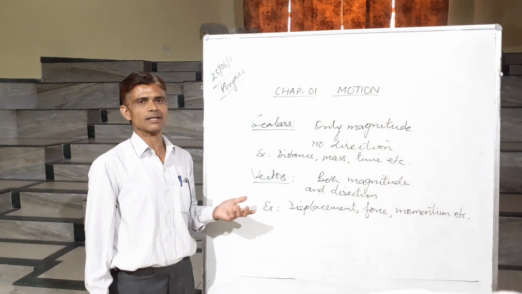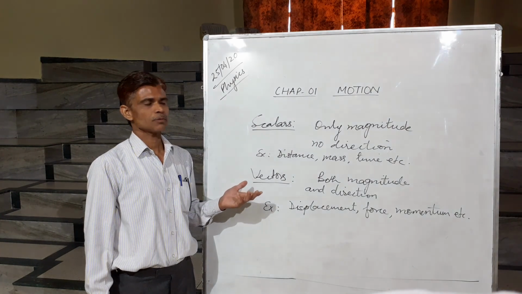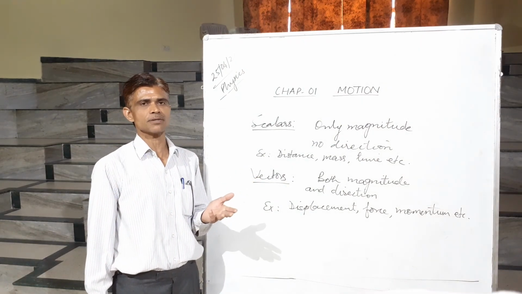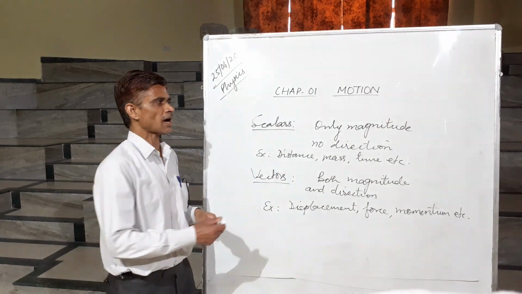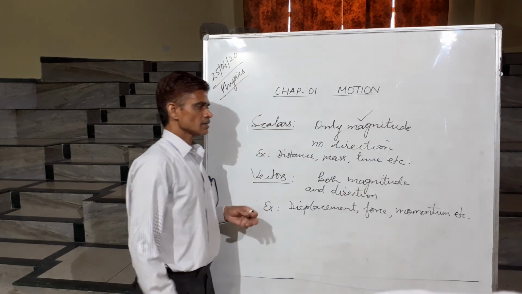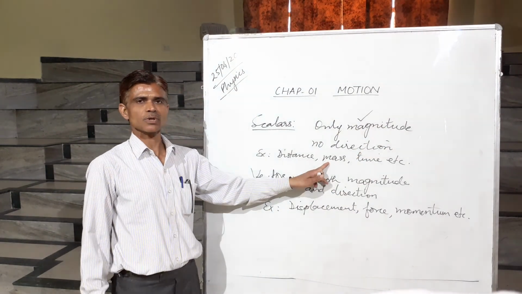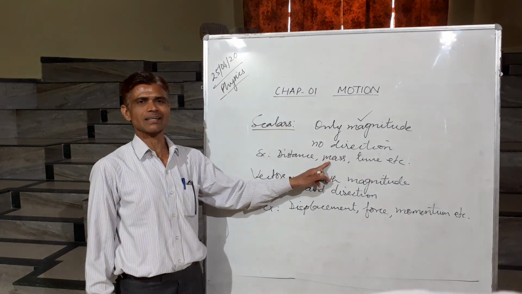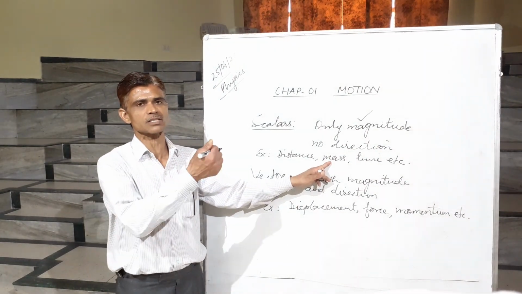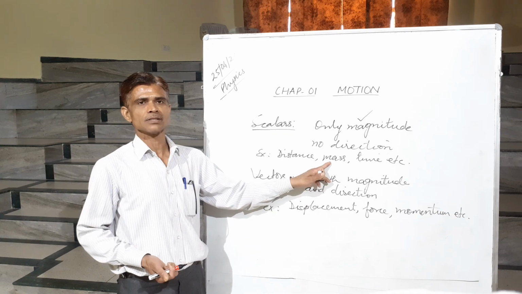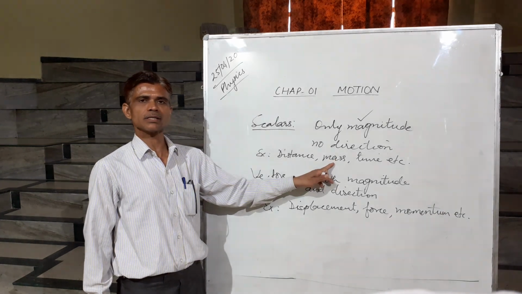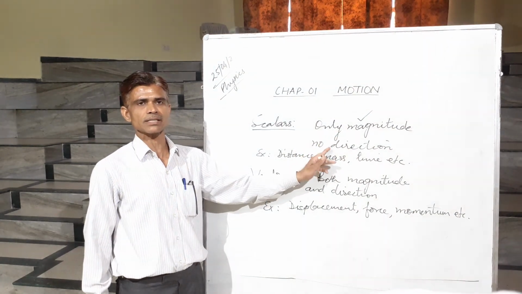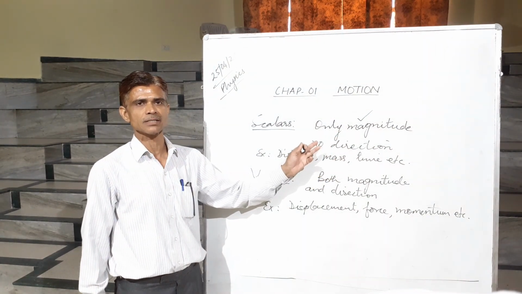He will understand that you are mad, because 5 kg is the magnitude, that is the mass of the sugar, and that is sufficient information. If we attach the direction, that is 5 kg sugar towards east, this becomes meaningless. So mass is a scalar quantity which requires only magnitude, no direction.